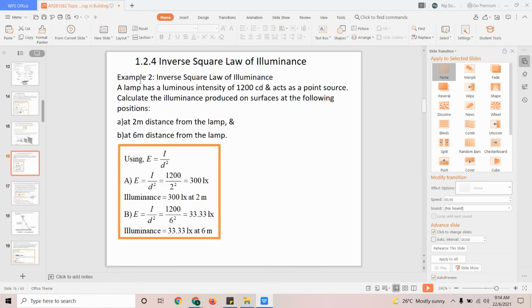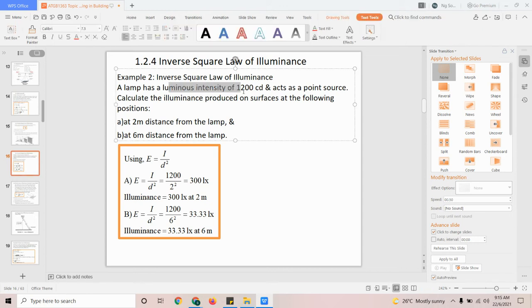Okay, so example 2 showcases how this formula can be used. For example, we have a lamp with a luminous intensity of 1200 candela, and it is acting as a point source. We are asked to calculate the illuminance produced on the surface at 2 meters and 6 meters.